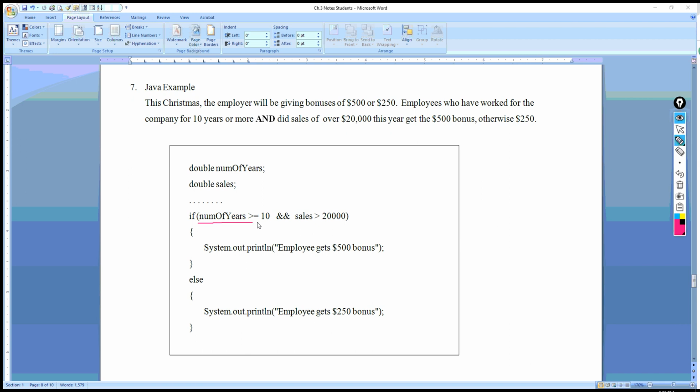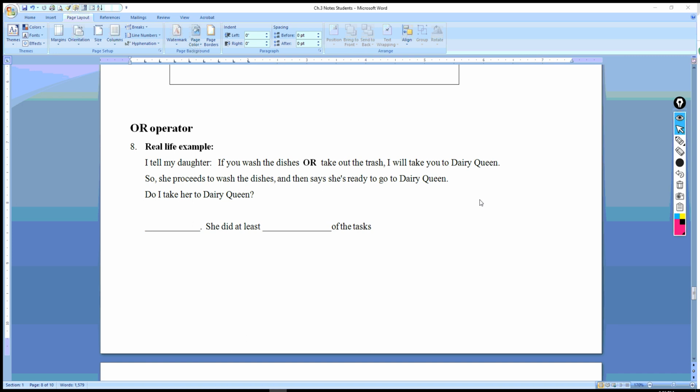So you have, if they've been here 10 or more years, and if they've sold more than $20,000 worth of sales. If it fulfills both, and that makes it true, then they get the larger bonus. Otherwise, they get the smaller bonus. Okay, then we go on and we look at the OR operator.